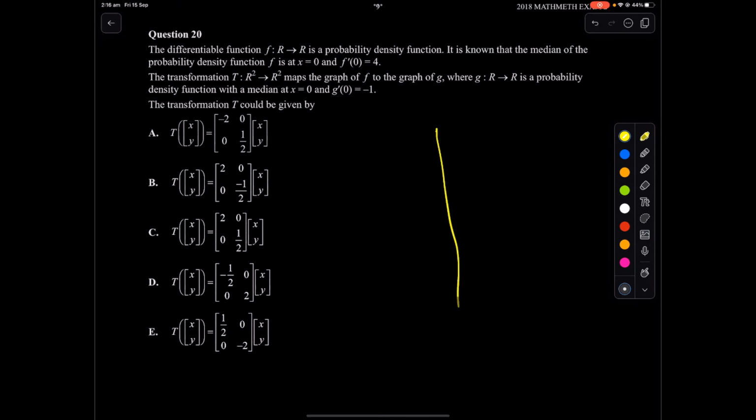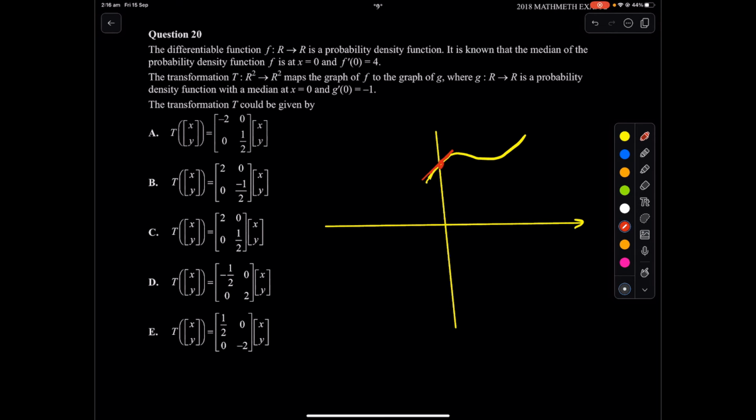I'm just going to draw a graph to really look at this. Okay. And so at 0, let's say it's some graph that looks like this. Originally, it looks like this, something like that. So at this point, the gradient is 4. And it's good.